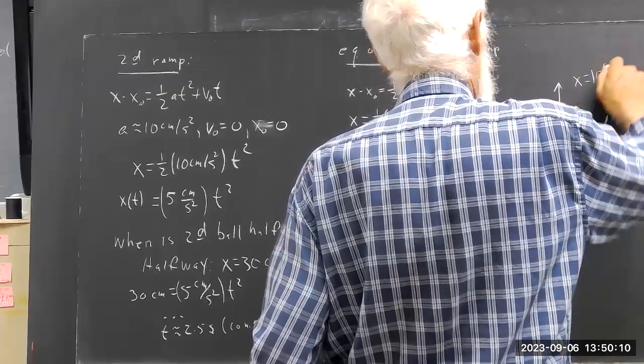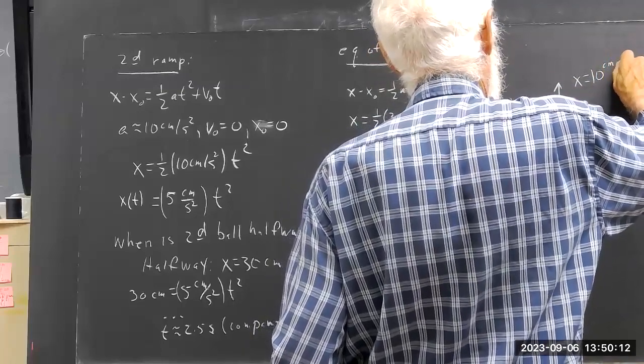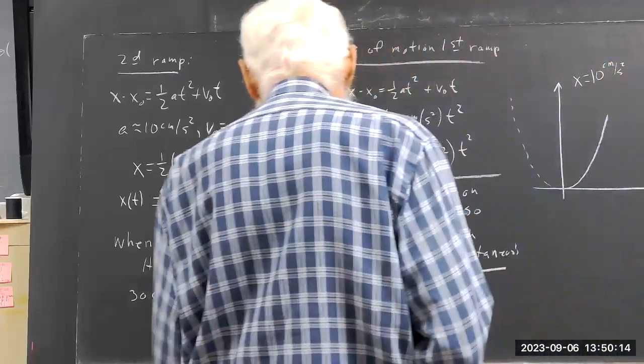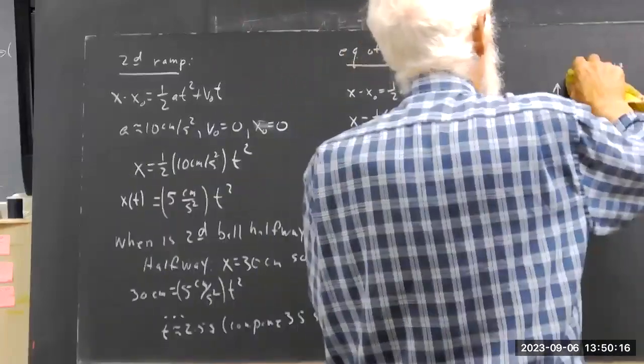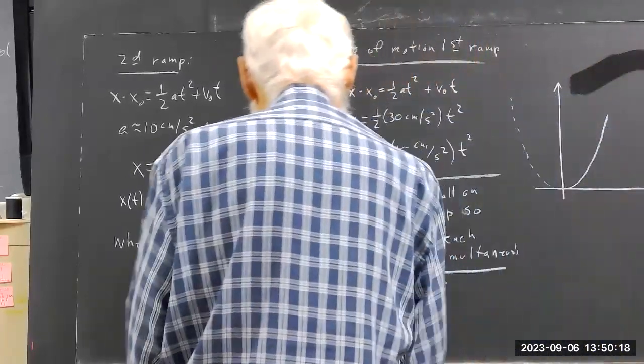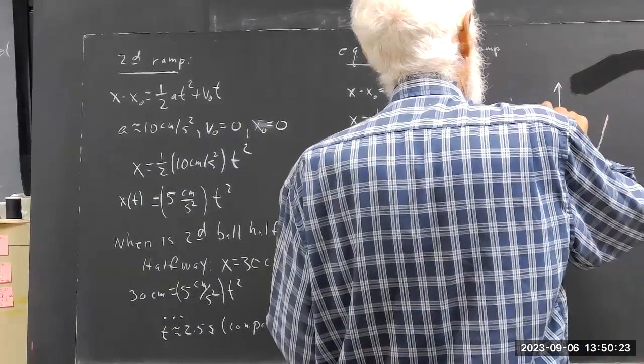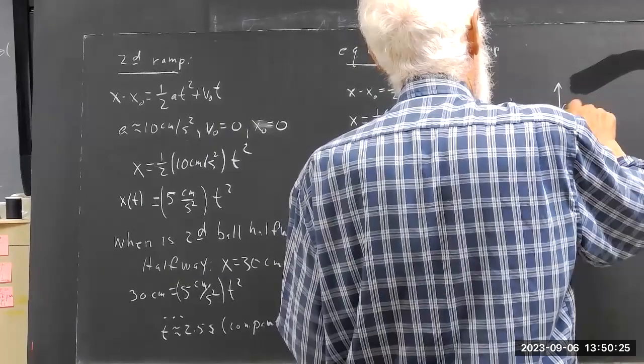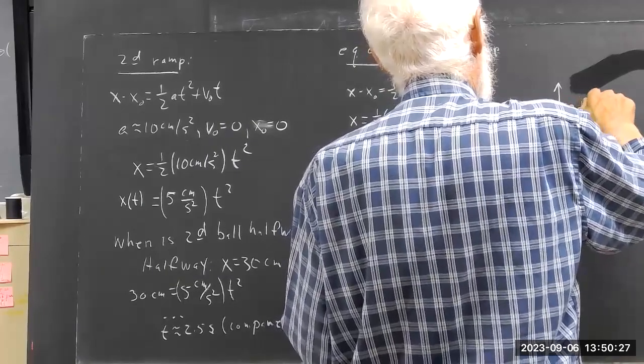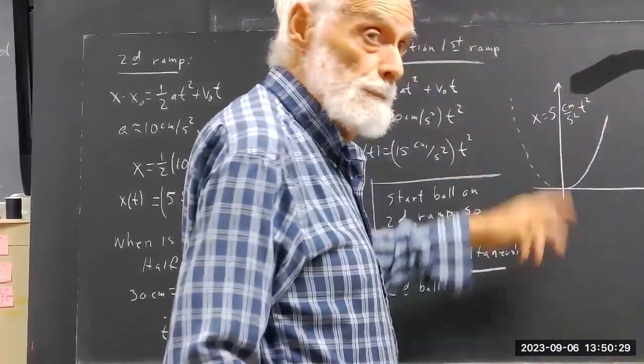I'm kind of mixing up the first and the second graph. It's the one, it's not 10 centimeters per second squared. And this would be a parabola.